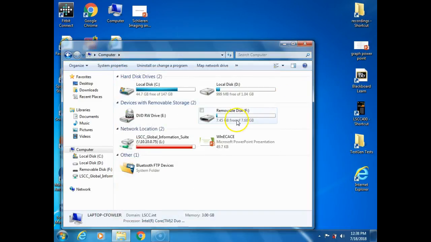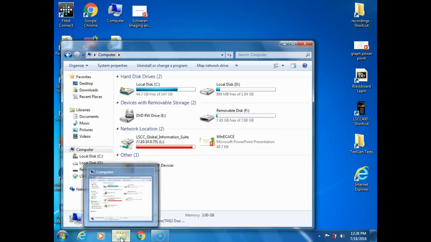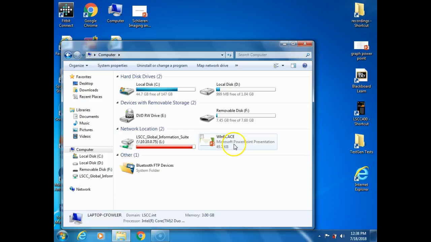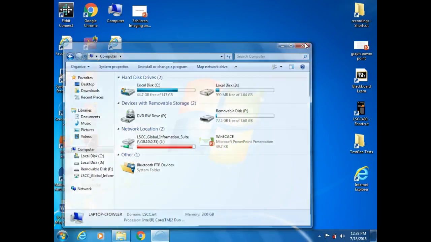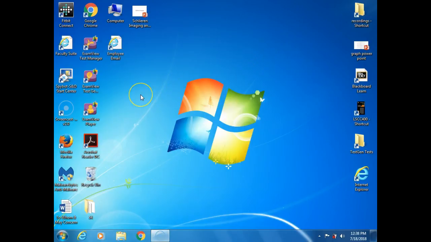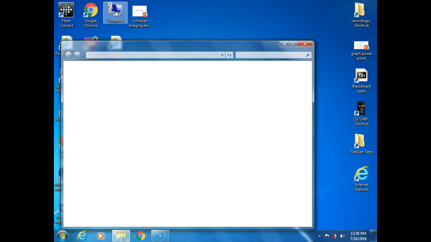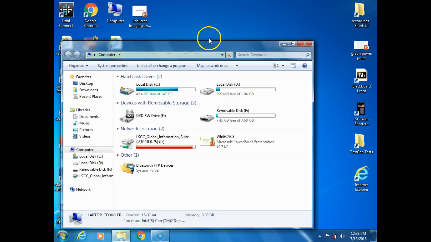Ooh, where is my? For some reason, my removable disk wasn't showing up anymore.